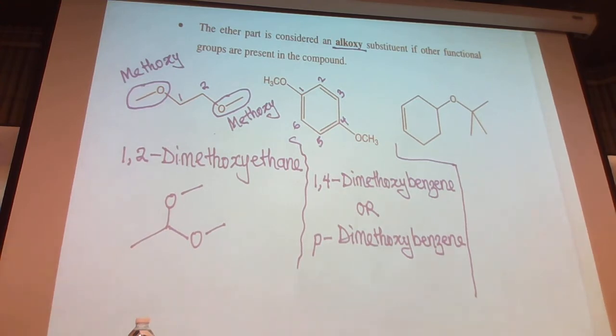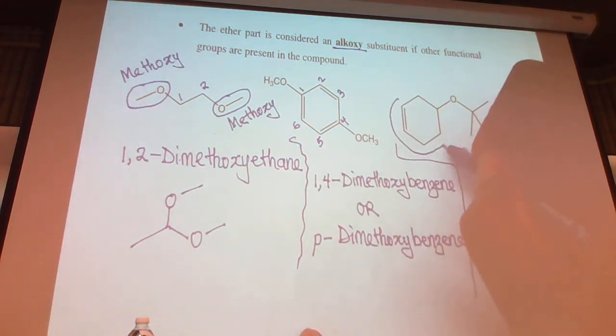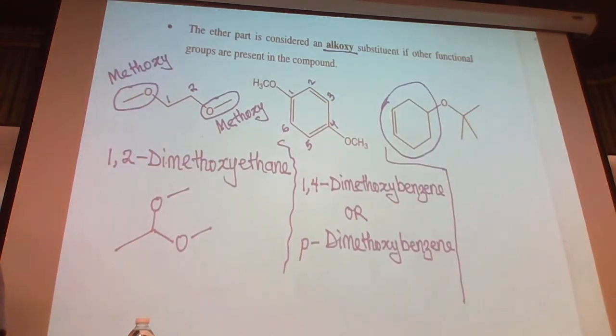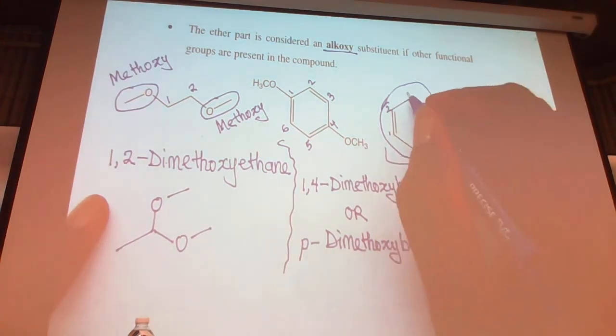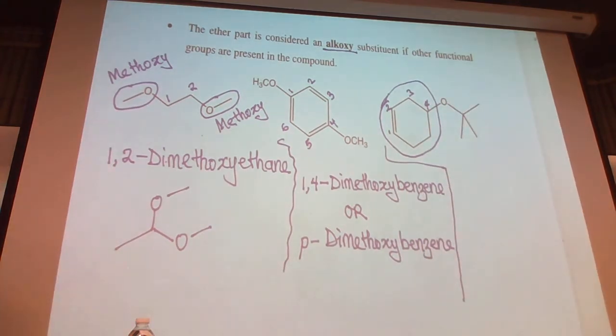All right, the last one there. So this is considered your parent chain, correct? Because it has the double bond inside of the ring. And if you number this, it will be 1, 2, 3, 4. That is the closest distance that you can get to your alkoxy group.